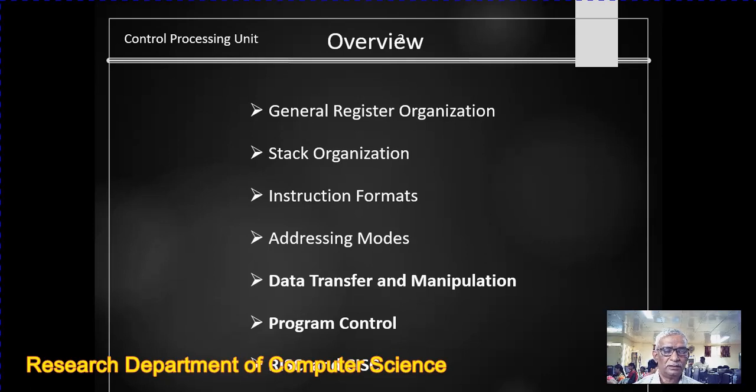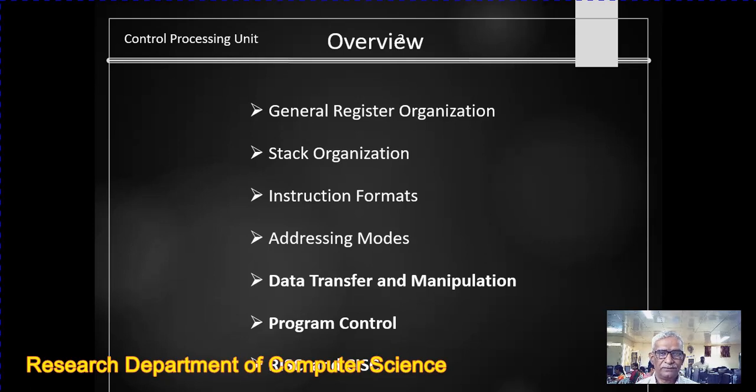The central processing unit is the main unit which does all the operations in the computer organization. Control processing unit and central processing unit are almost the same.